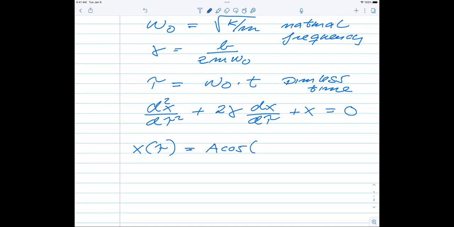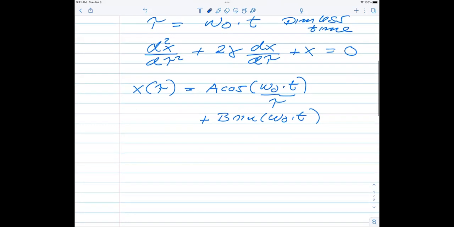So the solution is actually given by a constant a, plus a constant b, where these constants a and b are defined by the initial conditions. And this is something which we rewrote as a cosine of tau plus b times sine of tau.